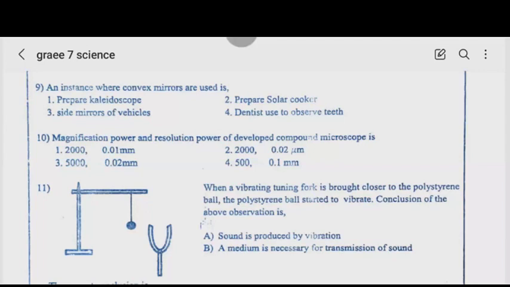It is a concave mirror? Or we use a plane mirror. For the kaleidoscope, we use a plane mirror, not a convex or concave mirror.